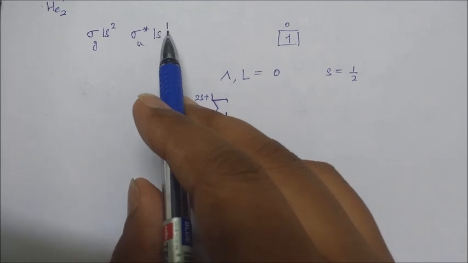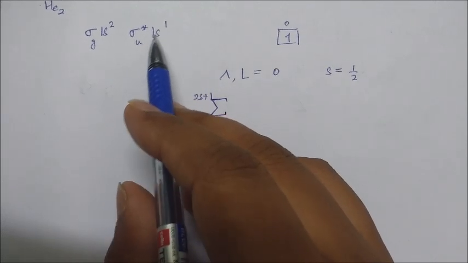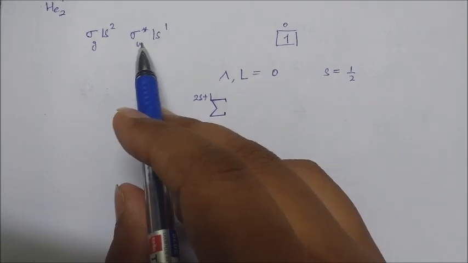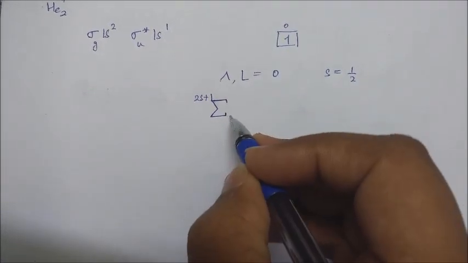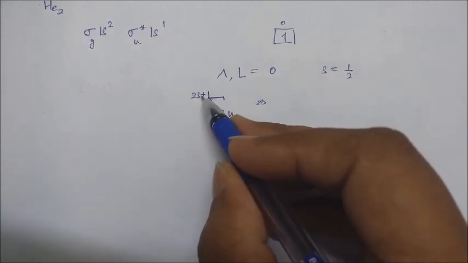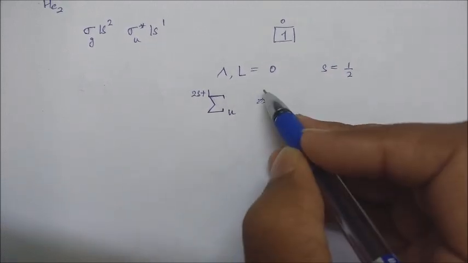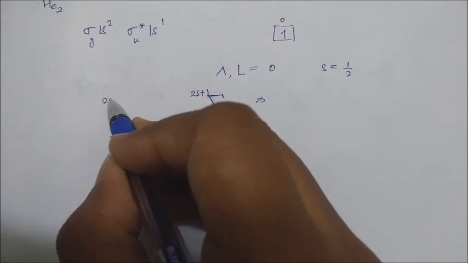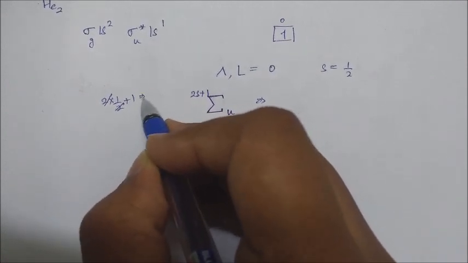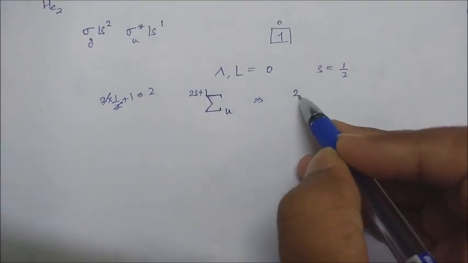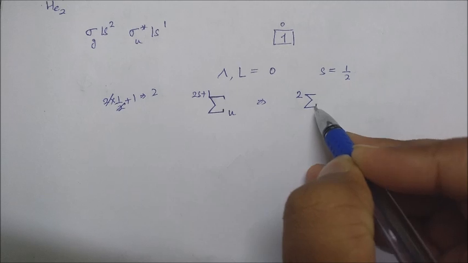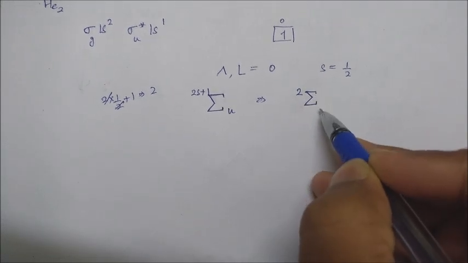The last electron was in an ungerade orbital, so here we have to write u. Let's simplify first. If you put the value of 1/2 here, 2 into 1/2 plus 1 gives you 2. So this whole value comes to 2, then sigma, and we have u.